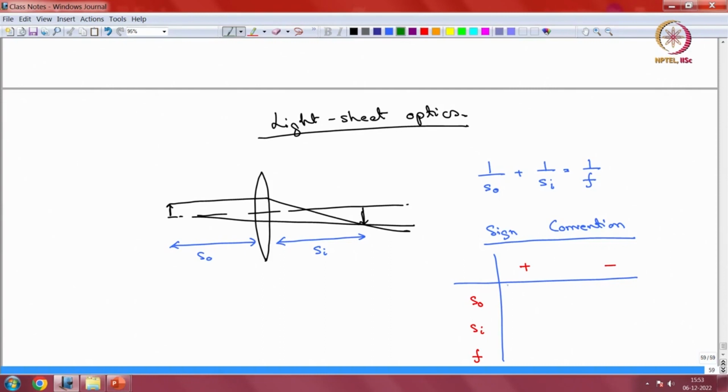If you have a real object, we associate a positive sign with it. If you have a virtual object, we associate a negative sign with it. Similarly for S I, if it's positive, it's a real image, and if it's negative, it's a virtual image. And if F is positive, it's a converging lens, and if F is negative, it's a diverging lens.